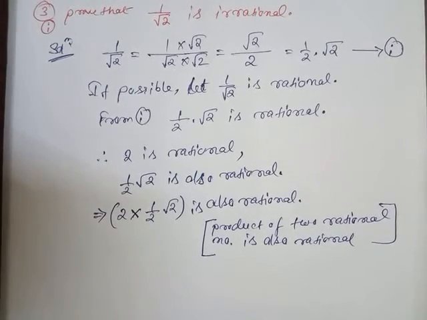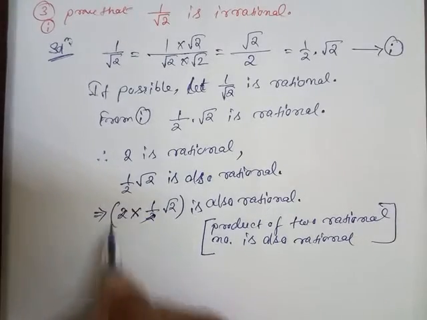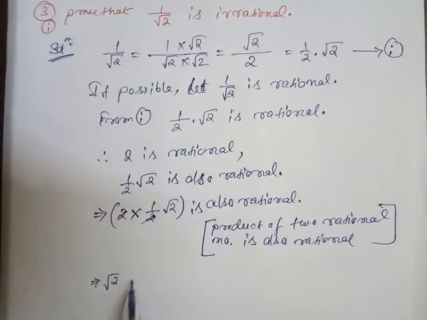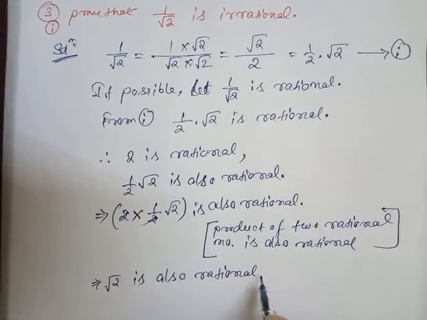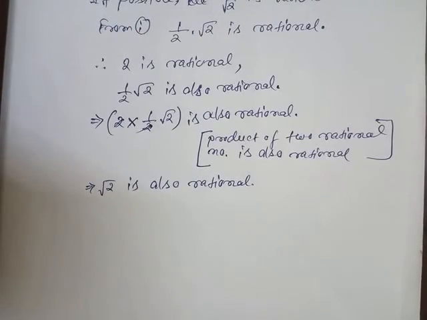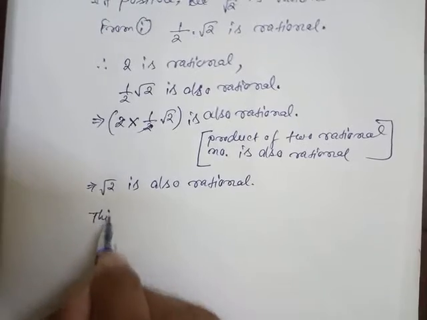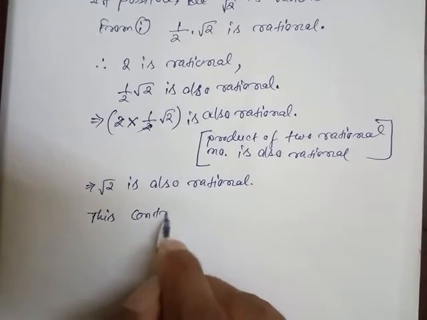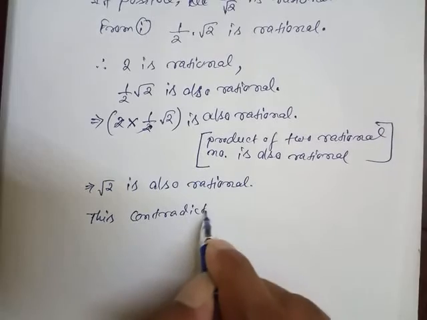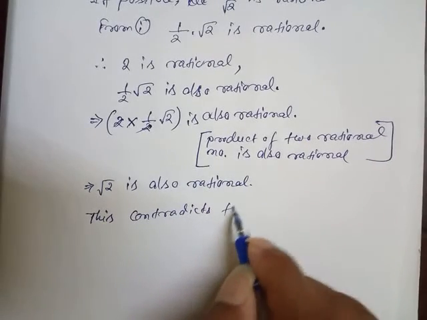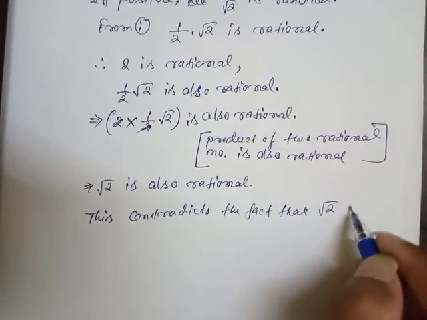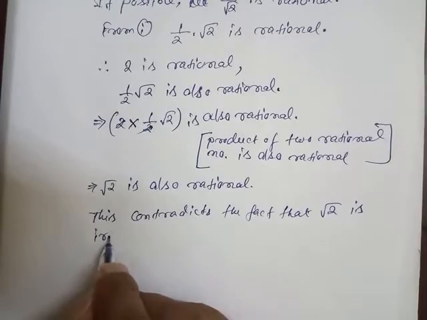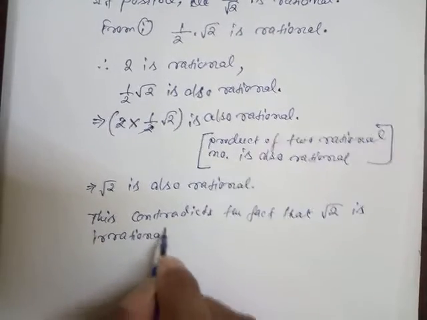Now look student, after that if 2 and 2 cancel, then root 2 is also rational. But student, root 2 is irrational, we know that, and we write here that this contradicts the fact that root 2 is irrational.